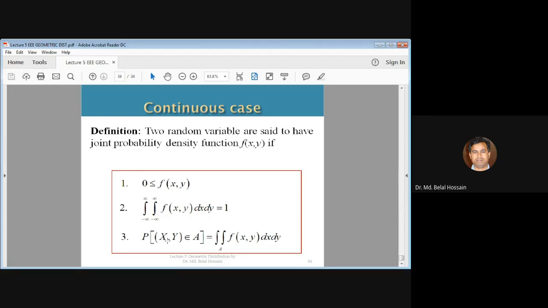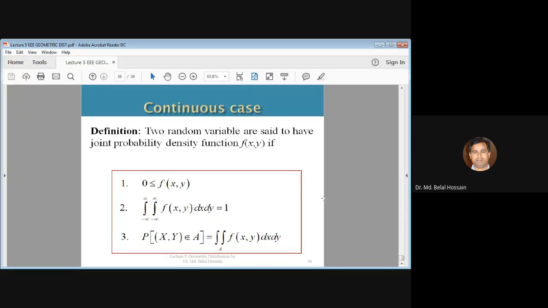Again, for any x, y values in the sample space, you can find probabilities by integrating this function over the range of x and y. So this is the joint probability density function for the continuous case.